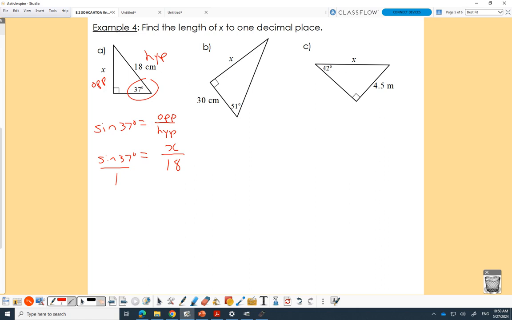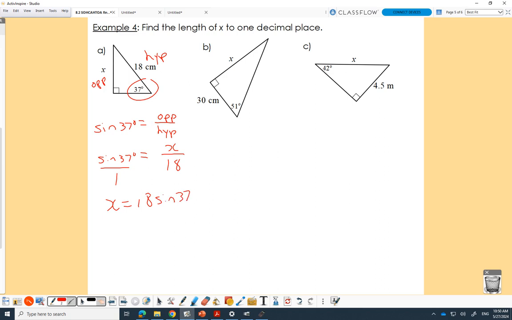These are similar triangles. What do you mean they're similar triangles? My triangle has an 18 in it. The calculator has found out for me that for all 37-degree triangles, opposite over hypotenuse should be some number. Well, when I cross multiply, I get x equals 18 sine 37.